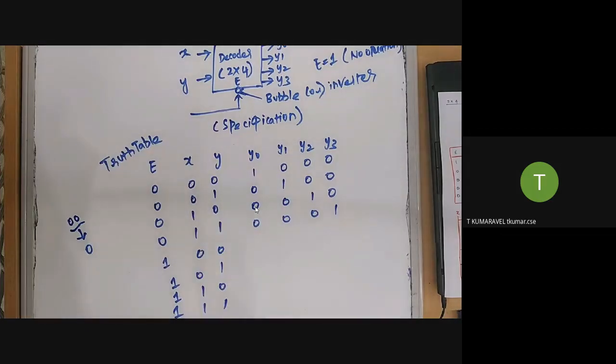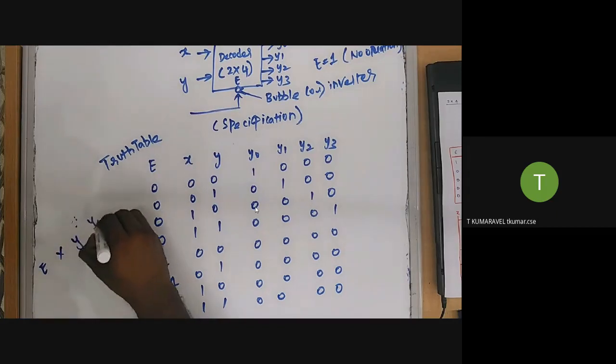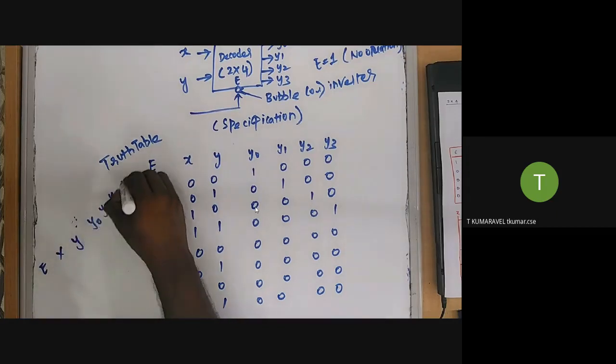Suppose your enable input is 1, it does not generate any output for any combination of input. That can be represented like this: E, X, Y, and the outputs Y0, Y1, Y2, and Y3.